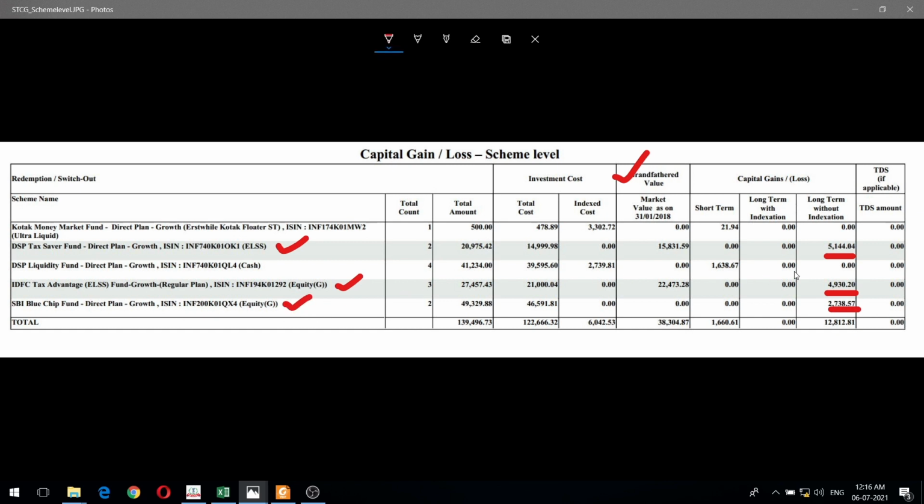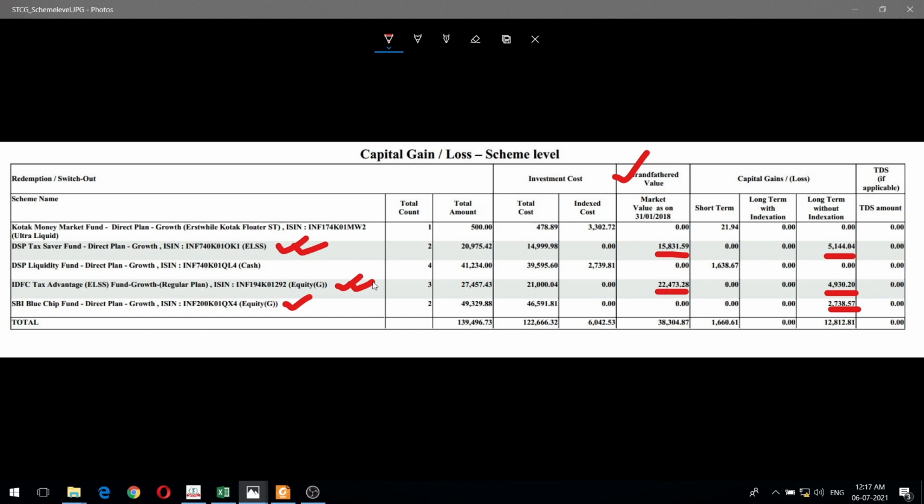Now, among these three, two schemes have grandfathered value: this one and this one. That means DSP tax saver and IDFC tax advantage.